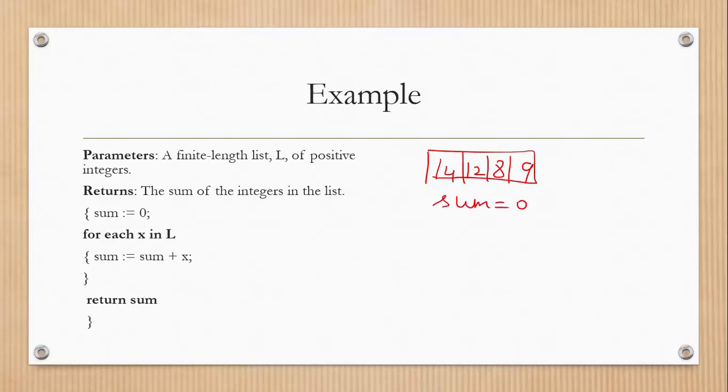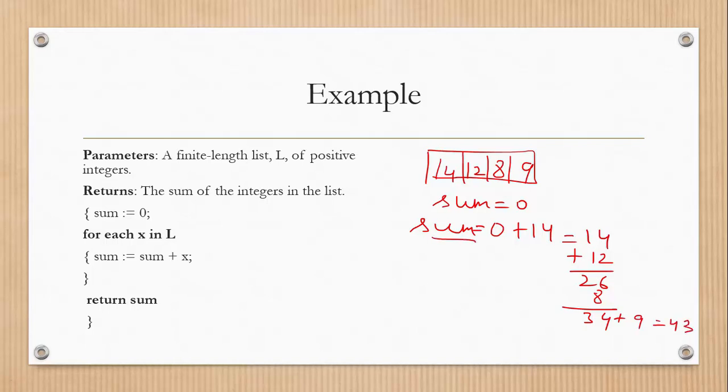Then for each element x in L, sum is equal to sum plus x. That is, first of all 0 plus 14 will be assigned to sum, that is 14. Next 14 plus 12, that is 26. Next 26 plus 8, 34. 34 plus 9, 43. So the final value of sum will be 43 and it will be returned.